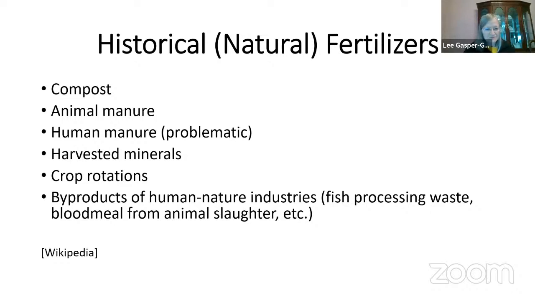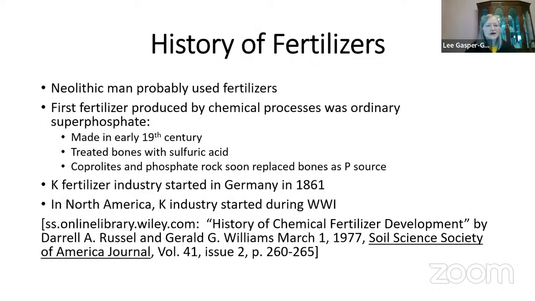Harvested or mined minerals, crop rotations, so that you're getting into new fertile land that maybe hasn't been depleted of its nutrients. And then byproducts of human industries like fish processing waste or blood meal from animal slaughter. So it's believed that Neolithic man probably did use fertilizers.